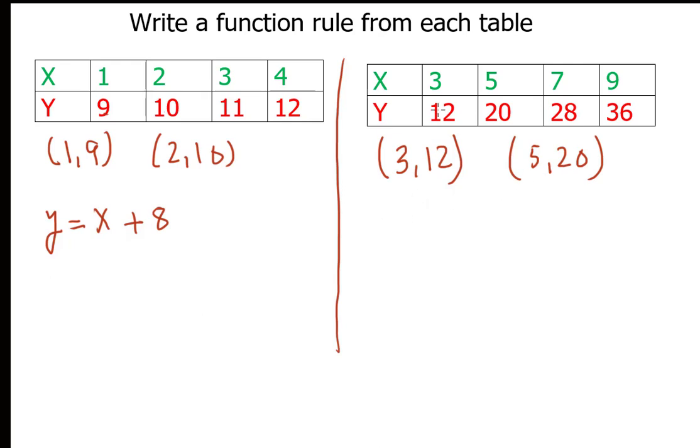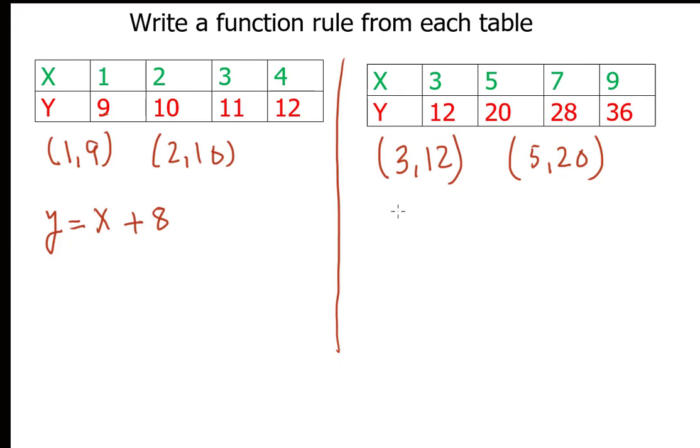Which indicates every time that we have the X, then we multiply it by what? By 4. You can see that 4 times 3 is 12, 4 times 9 is 36, 4 times 5 is 20, and 4 times 7 is 28.